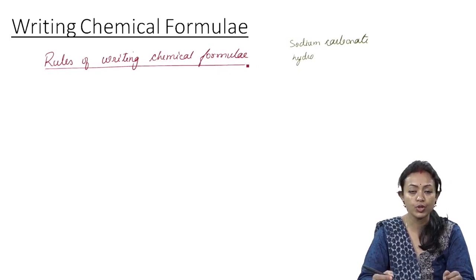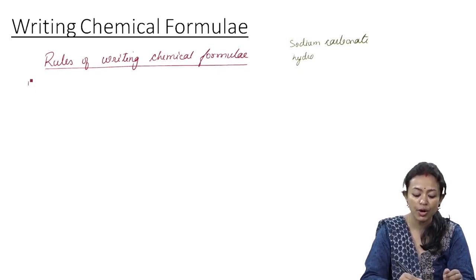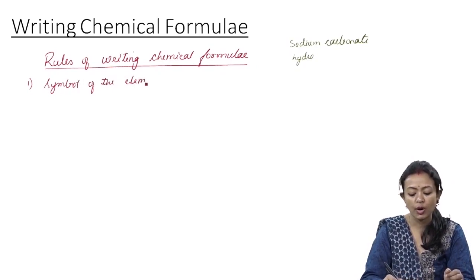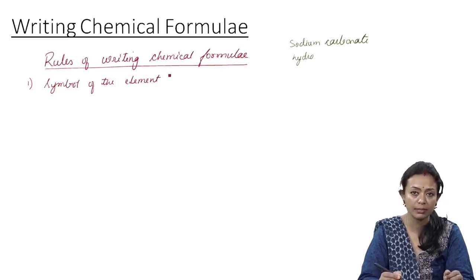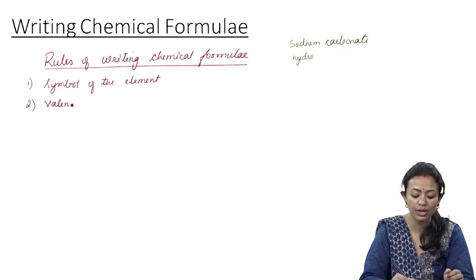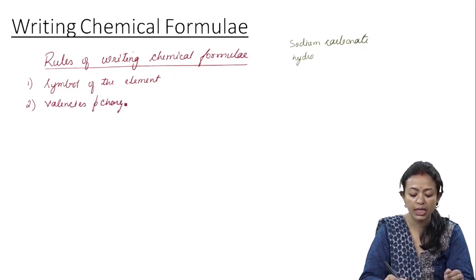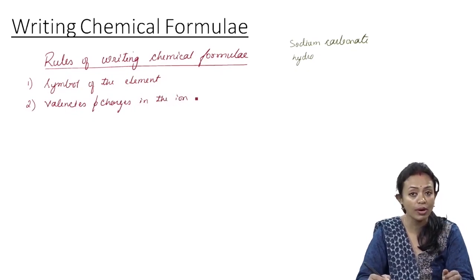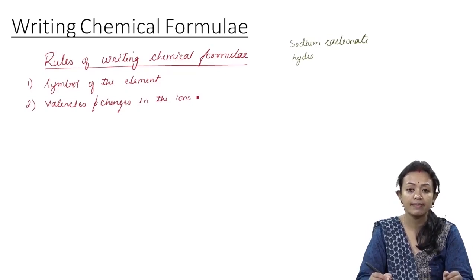The first and foremost thing you need to do is write down the symbols of the elements. Next, you need to write down the valencies or charges of the ions. So whether it is a cation or anion, you need to know the valencies or charges these carry.